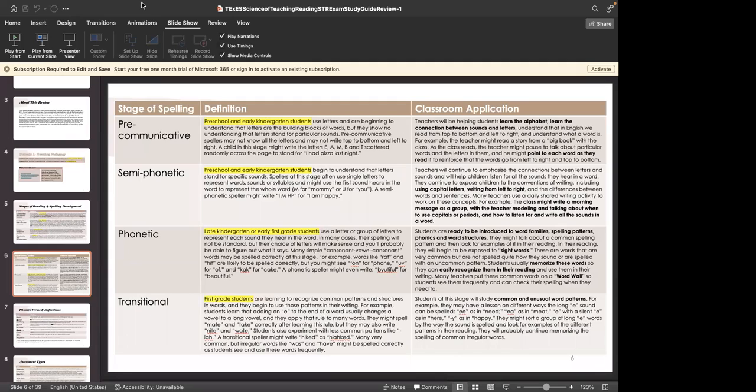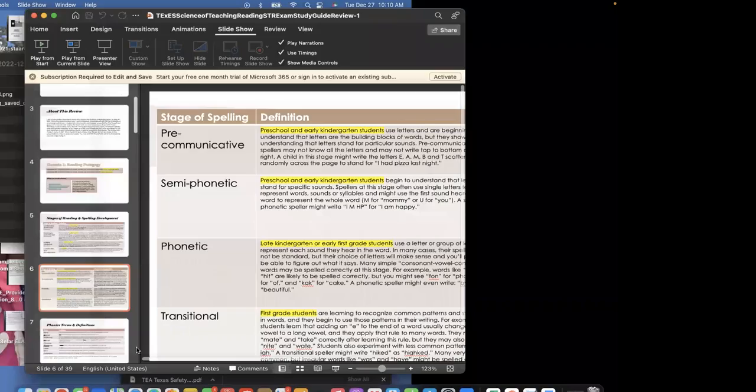I could see them going through their different spelling stages in preschool, the way in which they formulated their speech in writing. So pre-communicative, you'll have maybe letters all over the place, and it's meant to stand for something. And I'll show you a picture right now, because there's some really great pictures.